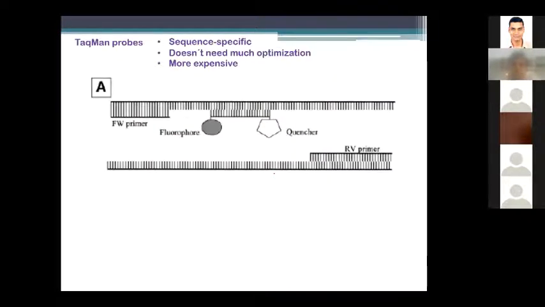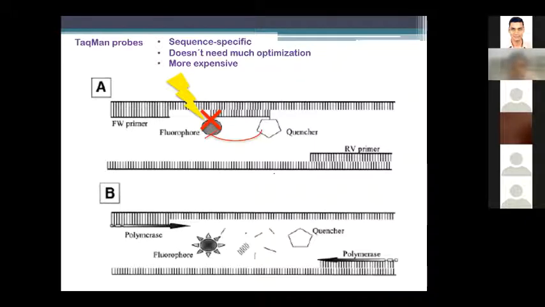TaqMan probes are sequence specific. It does not need much optimization, but it is more expensive in nature. Due to the presence of the quencher, the probe does not show any fluorescence, but when the polymerase reaction is going on, it breaks the linkage between the quencher and the fluorophore, which is now activated and releases fluorescence.